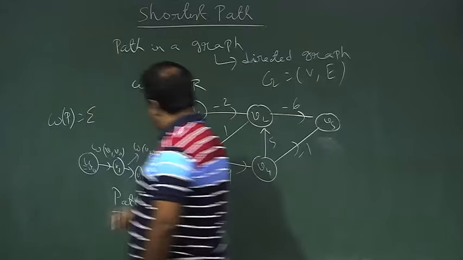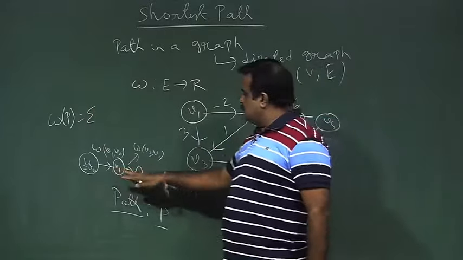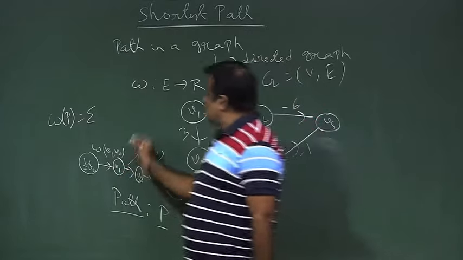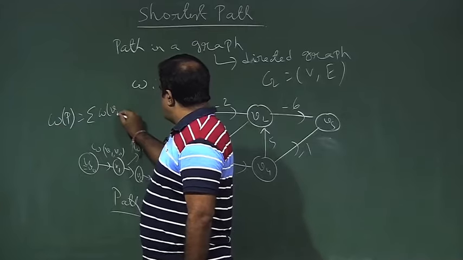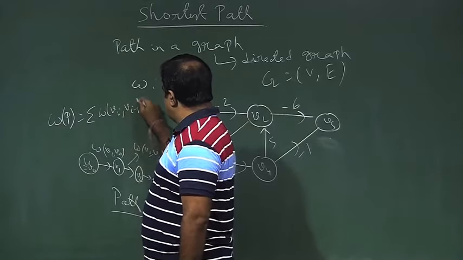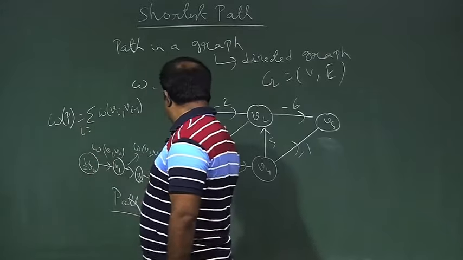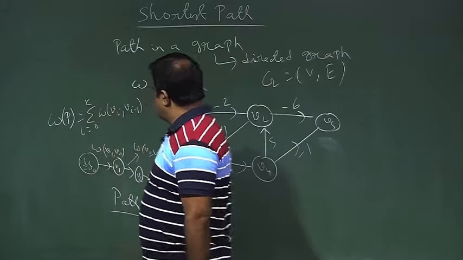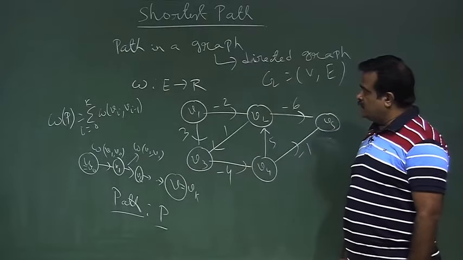The weight of the path is defined as the summation of the weights of the edges, so the sum of the weights of these edges: the summation of W(V_{i-1}, V_i), where i varies from 1 to k. So this is the weight of the path.